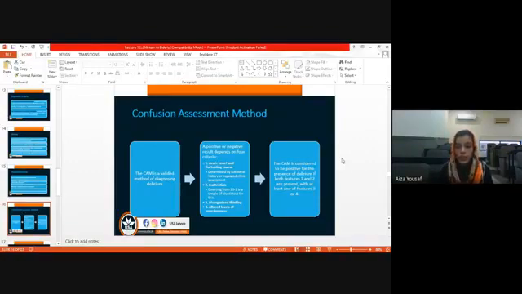So when the patient is presented with these features, the CAM is considered positive for the presence of delirium if both features 1 and 2, which are acute onset and fluctuating course, and inattention or carelessness, are present with at least one of features 3 or 4, either disorganized thinking or altered level of consciousness.